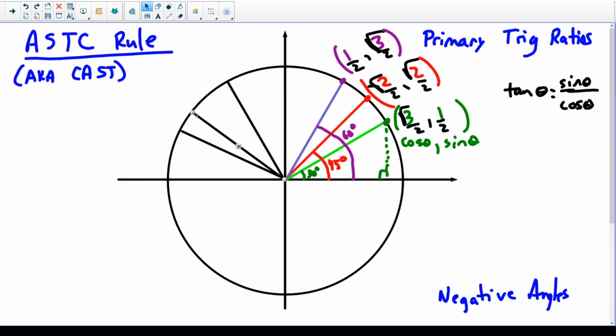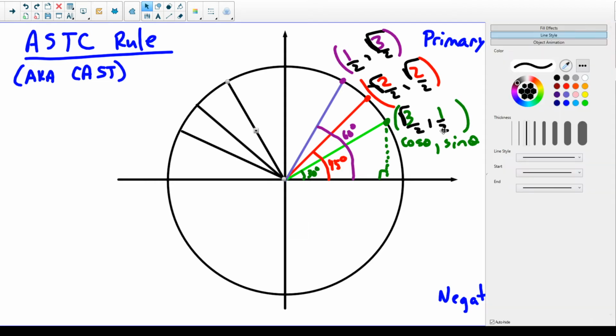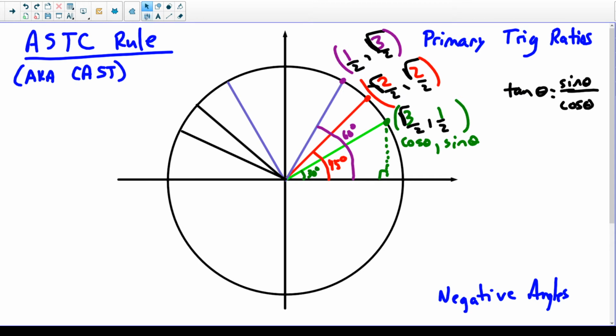Not only do I know the sine, cosine, and tangent of 30, 45, and 60 degrees, but I also know, and this is where this circle gets a little bit messy, if I go from here all the way to this angle, what is that angle?